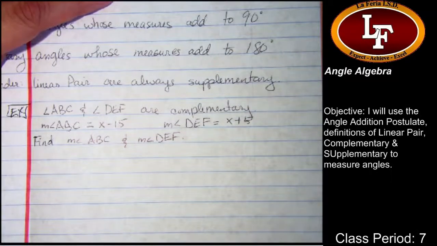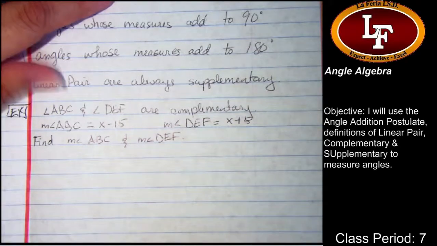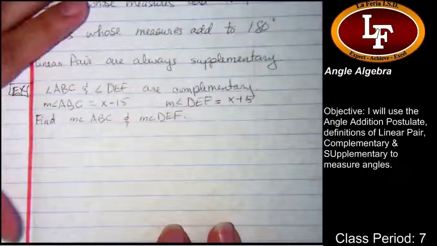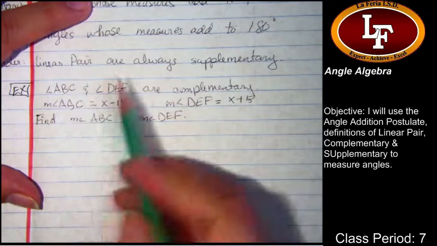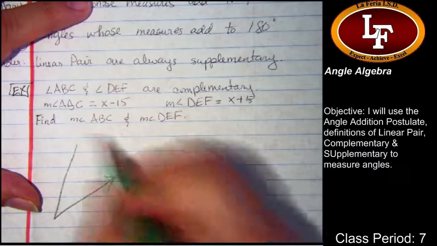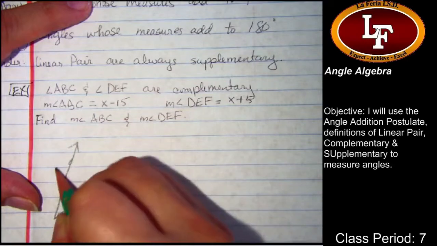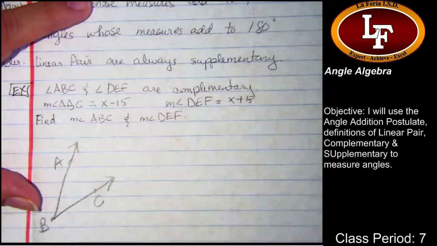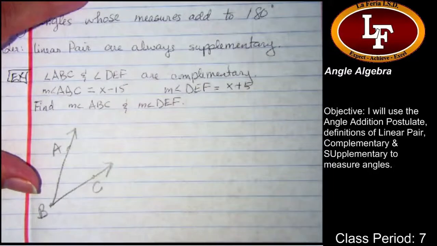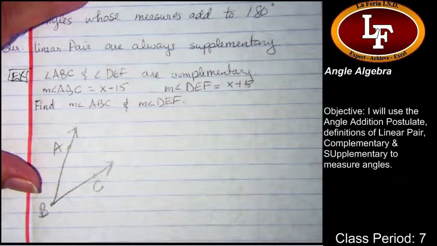So you know what? Let's draw the pictures. I'm going to go to my pencil, and I'm sorry if it's a little pale. I'm going to draw an angle ABC. Remember that when they've named angles, that letter in the middle is always the vertex. The order of the rest of them doesn't matter, but that middle one had better be the vertex.